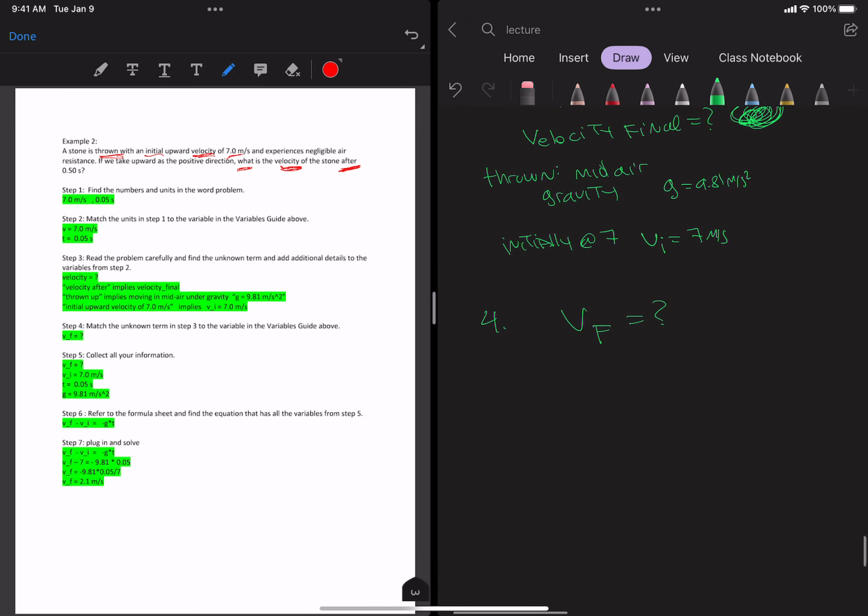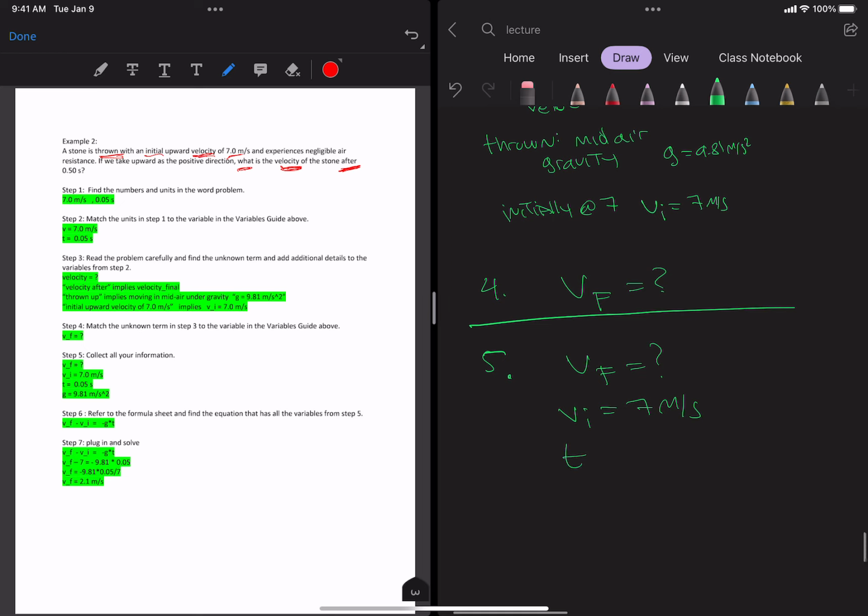And now we can put everything together. So step 5, we're trying to find the final velocity. We have the initial velocity is 7 meters per second, the time is 0.05 seconds, and we have g is equal to 9.81 meters per second squared.